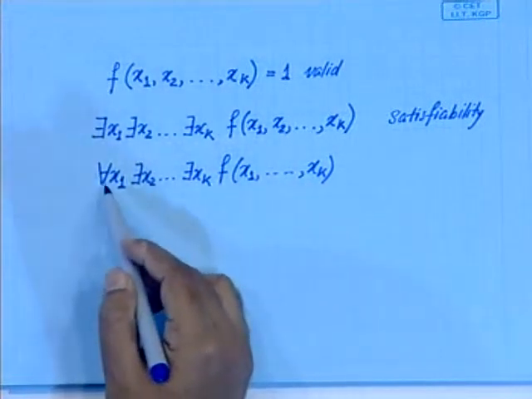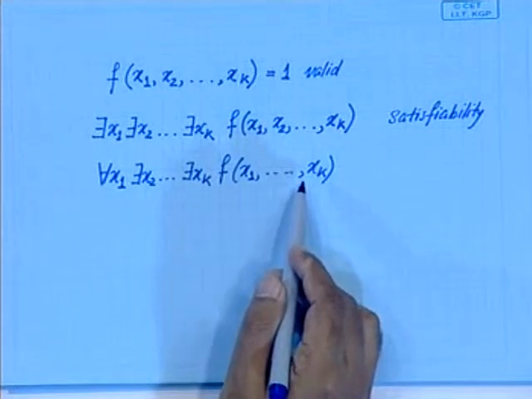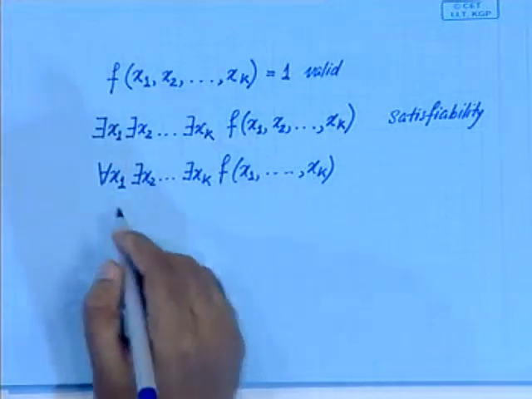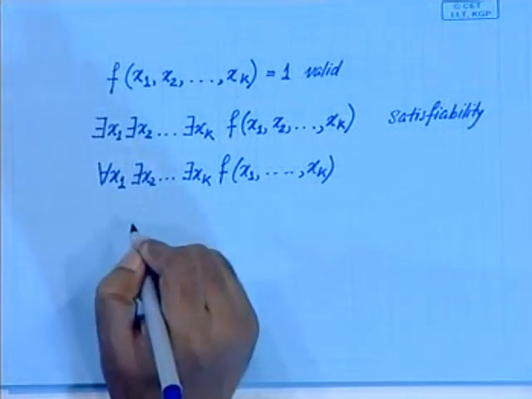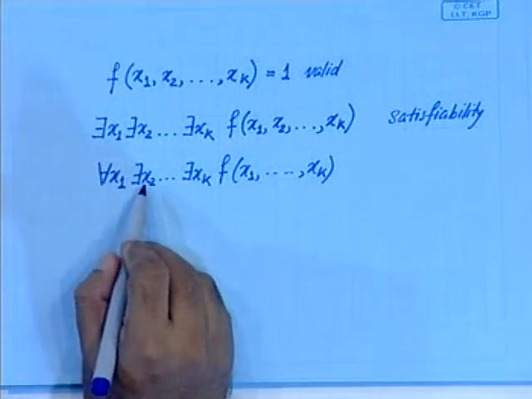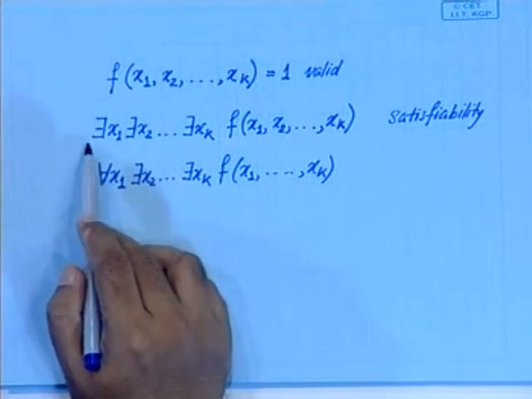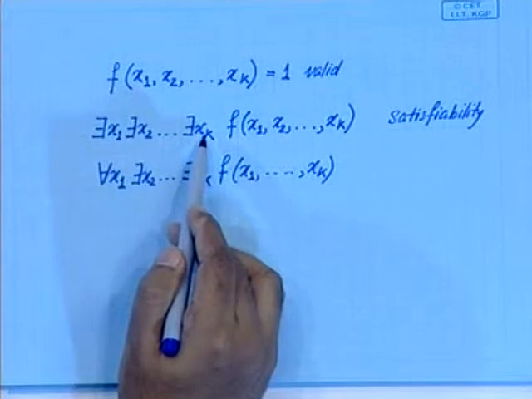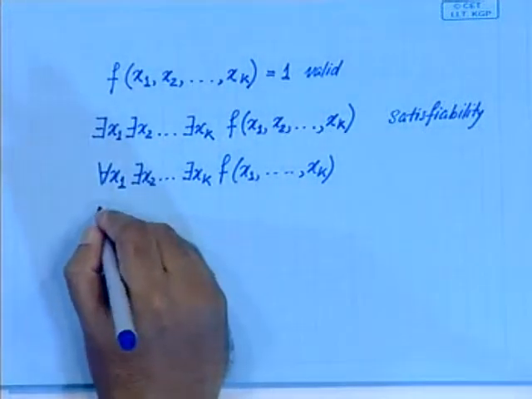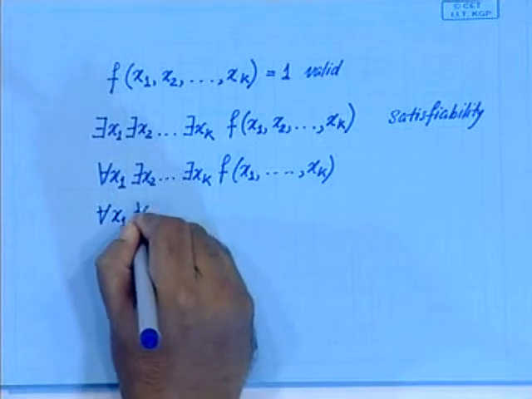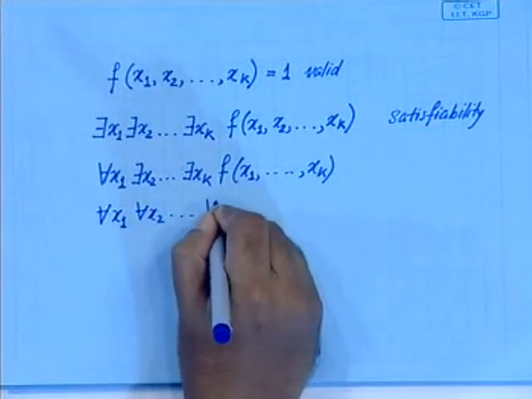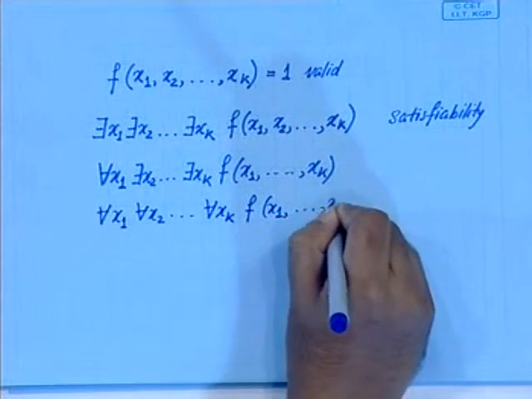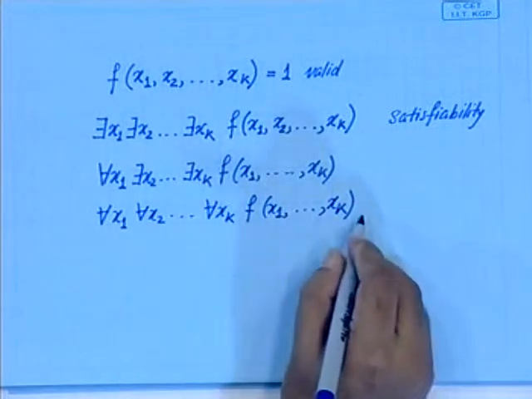Now, the complexity of the satisfiability grows with the number of alternations that you have with these, right. So, for example, here we have only one alternation, okay. If you have everything as x1 through xk, everything is existentially quantified, you have satisfiability. If everything is universally quantified, this is true for only valid expressions.